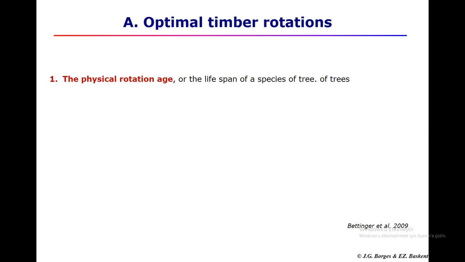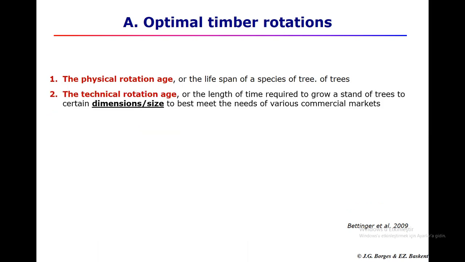If spruce lives 400 years, then 400 years becomes the physical rotation age. So the physical rotation age refers to the lifespan. In terms of management problems, we don't usually refer to the physical rotation age.